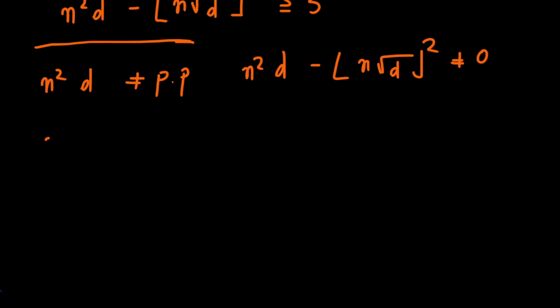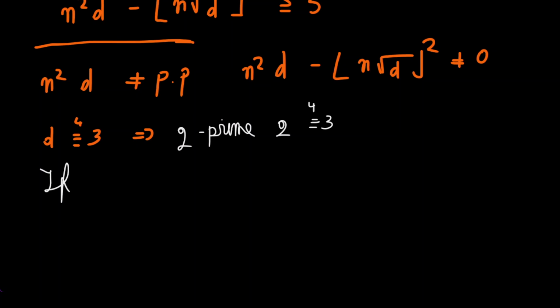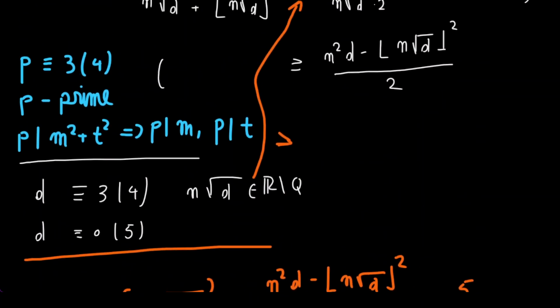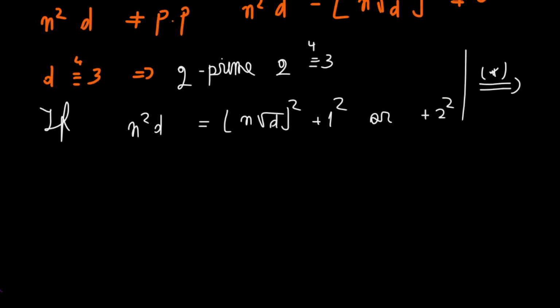Also, if d is congruent with 3 modulo 4, there will be a prime q congruent with 3 modulo 4, and let's write it like this: if n squared d is the floor function plus 1 or plus 2, from this stuff and the property written some time ago, we arrive at q divides 1 or q divides 2, which is false.